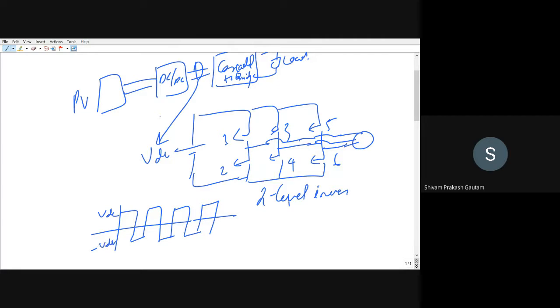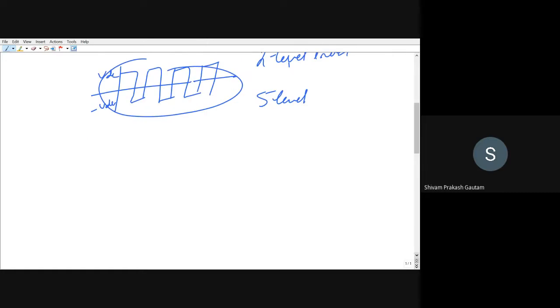But now, in order to improve or in order to include the novelty, we are planning to replace this 2-level by 5-level. How does this 5-level look like?